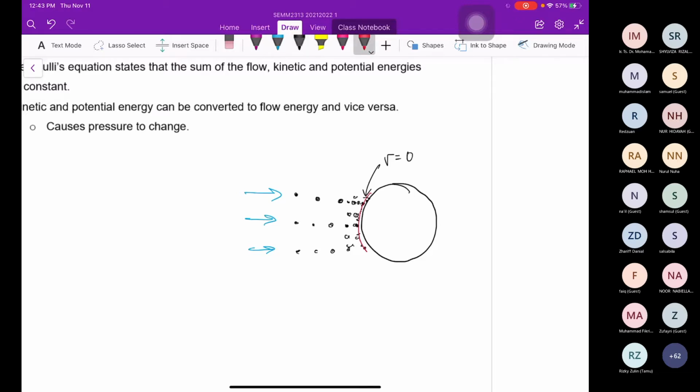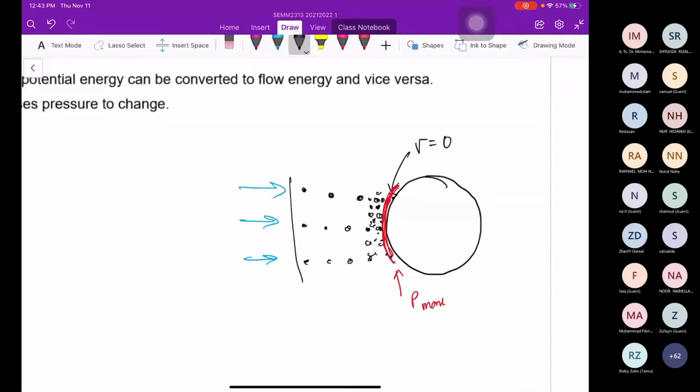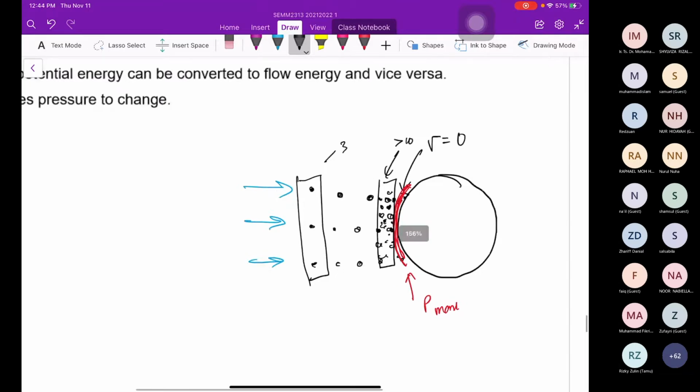This is very high in pressure. The pressure is maximum because of the hitting impact by many of the particles. You can see many particles accumulate and decelerate. Compared to this one, how many? This is only 3 particles. This is more than 10 particles. Alright, it impacts.